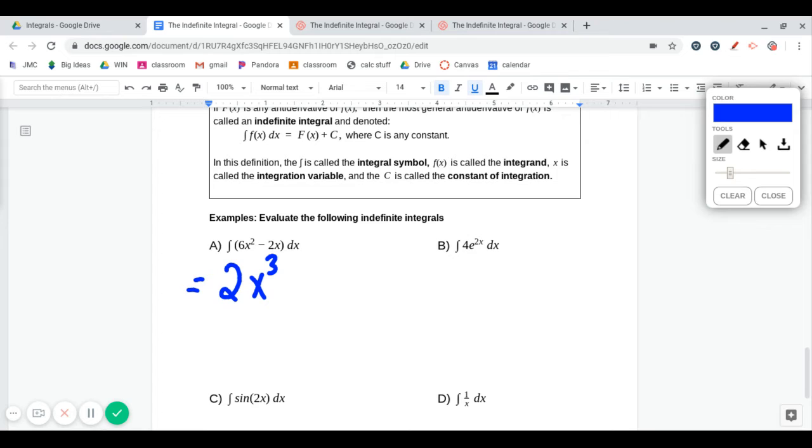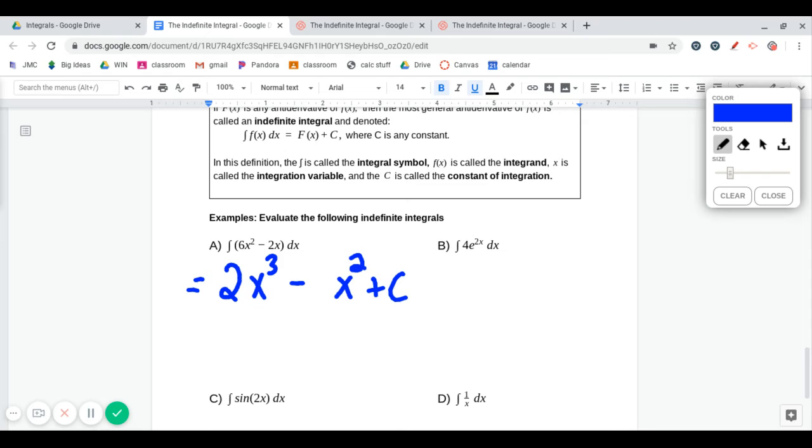Now when I take the derivative of 2x cubed, we get 6x squared, which is exactly what we wanted. Minus this next term, we have x to the power of 1, which I'm going to make x squared. If I take the derivative of x squared, I get 2x. Perfect, and that's it. Plus c. So that's part A.